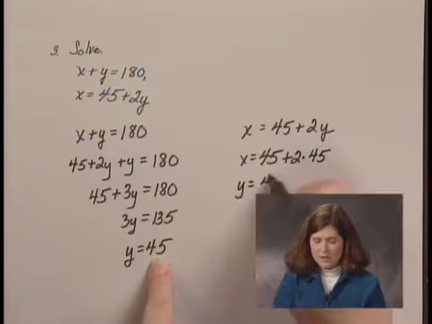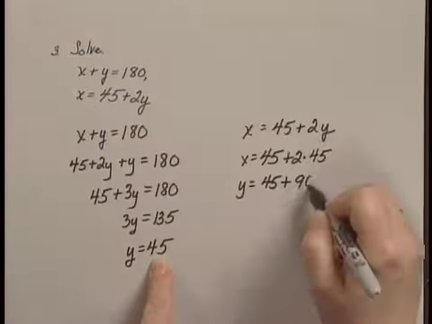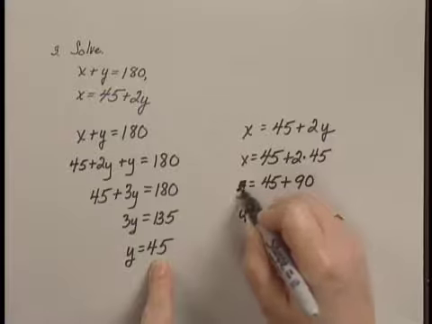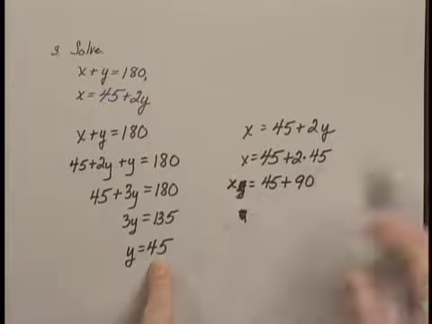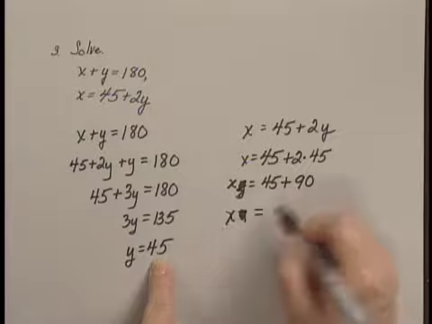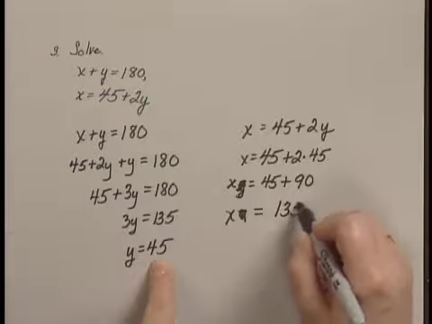So x would be 45 plus 90. I already found y. x is 135.